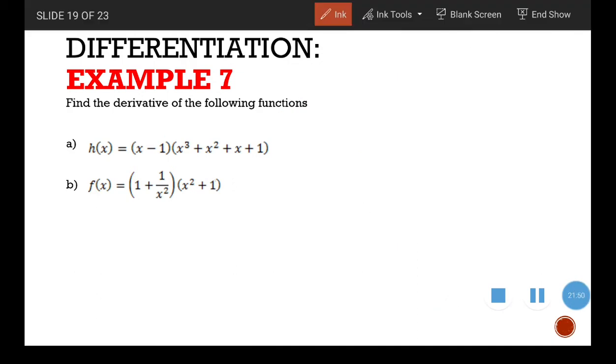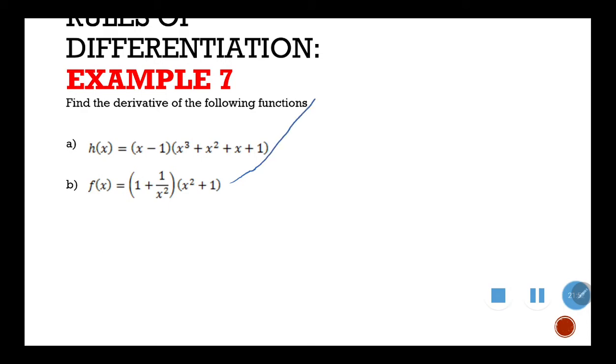Okay, so now we try example B. For example B, we can multiply it out 1 by 1, because it will be easier that way.